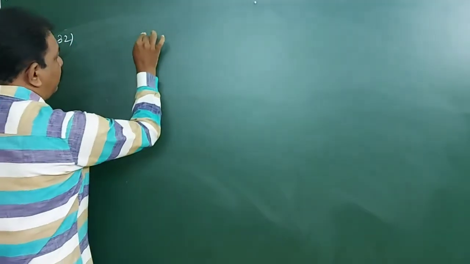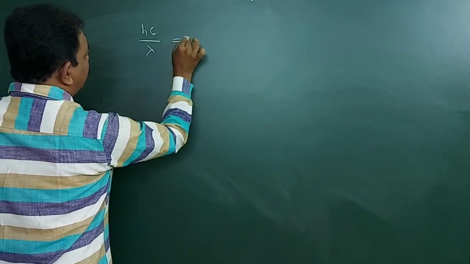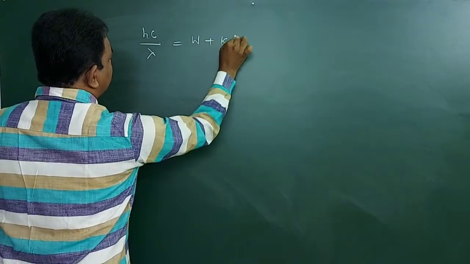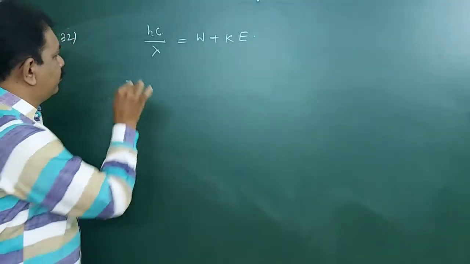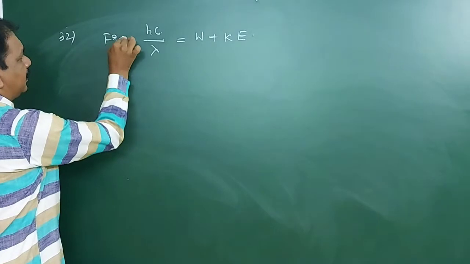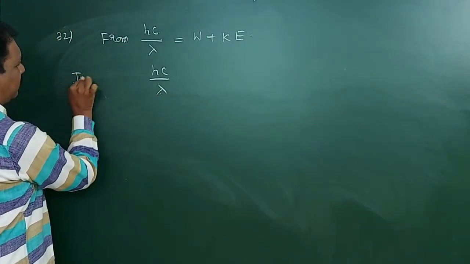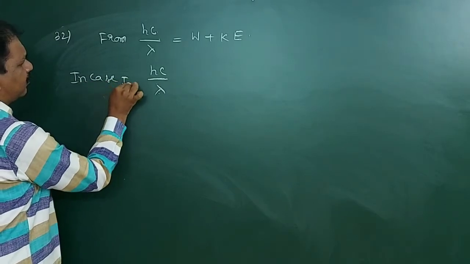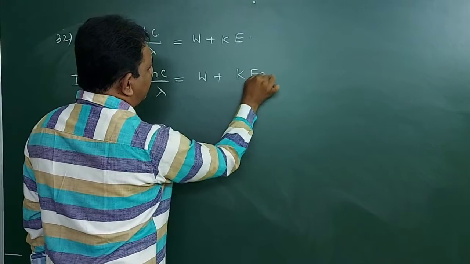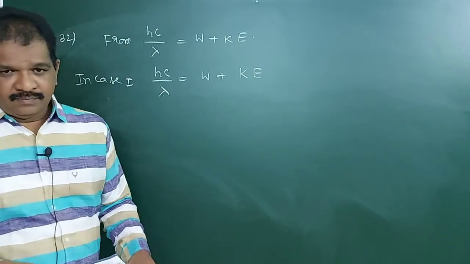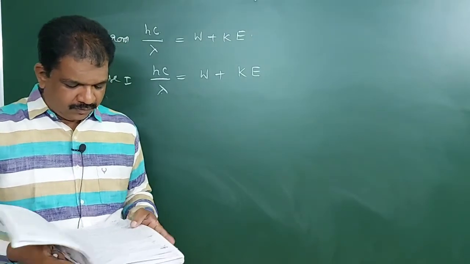So, formula is what? Hc by lambda is W plus Ke. This is the formula. In the first case, incident wavelength is lambda only. Work function we have to calculate. Let the released kinetic energy be Ke only.